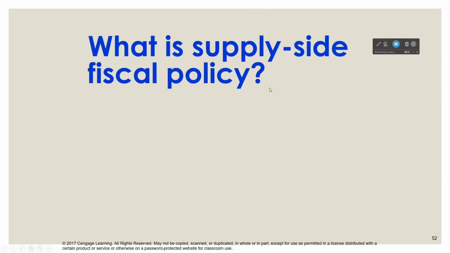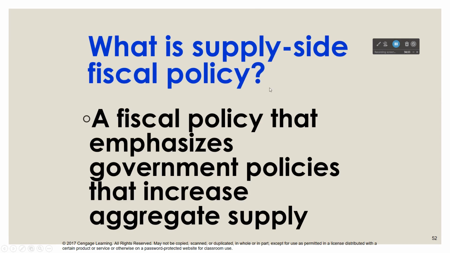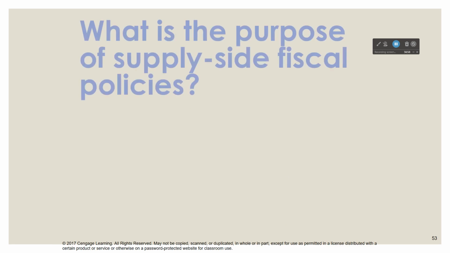Welcome back. Supply side fiscal policy. The Keynesian policies that we just discussed only affect demand. They don't affect supply. Now, people have come up with supply side economics or supply side fiscal policy. This is a fiscal policy that emphasizes government policies that increase aggregate supply rather than affecting the demand side.